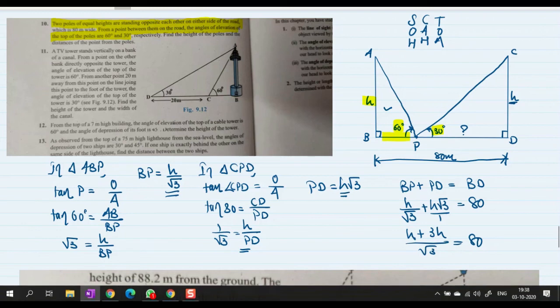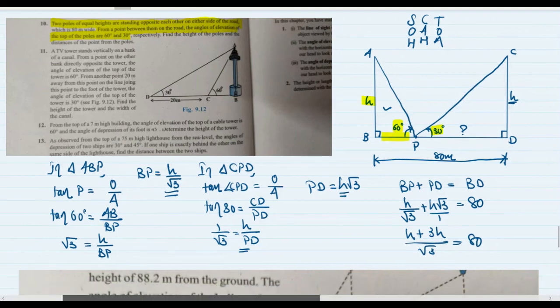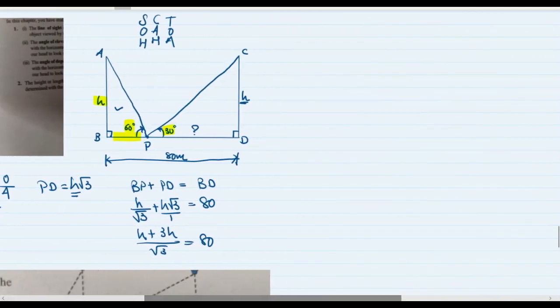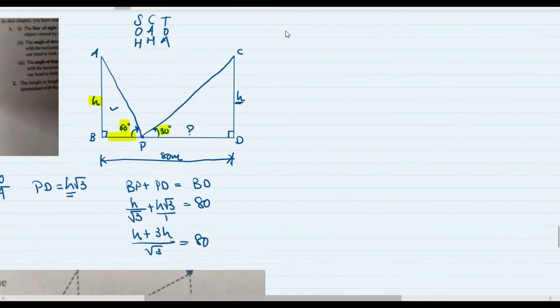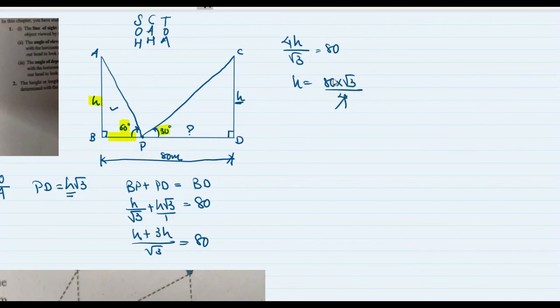And on simplifying, you get 4H upon root 3 is equal to 80. So H is equal to 80 times root 3 by 4. So we get 20 root 3.